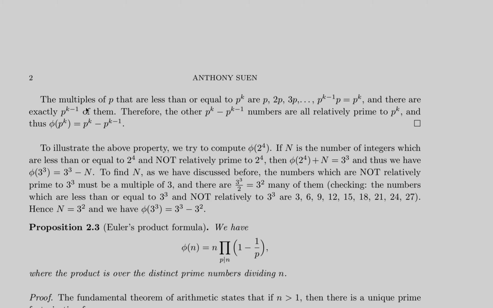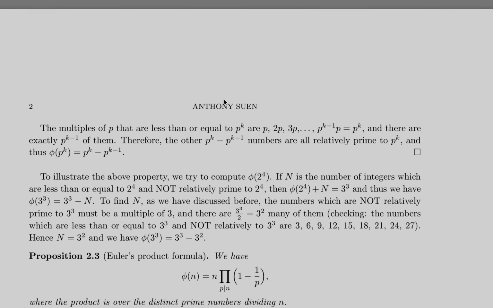In other words, if you want to count those numbers which are relatively prime to p to the power k, then you have to subtract those numbers which are not relatively prime to p to the power k. How many of those numbers? As I said, because all those numbers are multiples of p, there are exactly p to the power k minus 1.